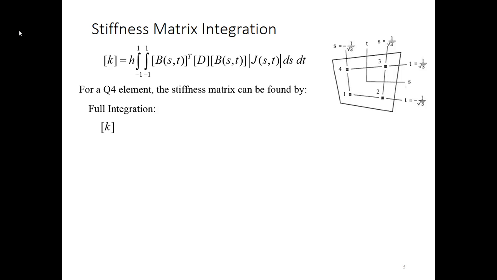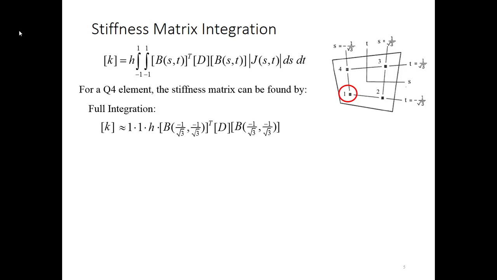Let's walk through how we evaluate it at the first point. So the width for each of these rectangles is going to be 1 by 1. So 1 in the S and 1 in the T direction. So 1 times 1 times the H that comes from out front. Then we're going to evaluate the transpose of the B matrix at this location 1, so where S and T are both equal to -1 over the square root of 3. Then we're going to have our D matrix, which usually does not depend on position, but it might.